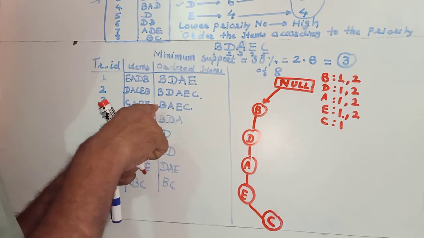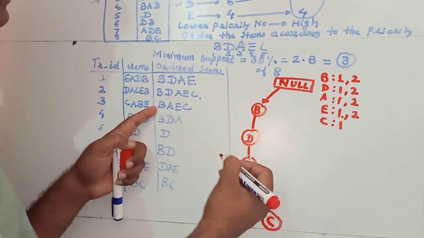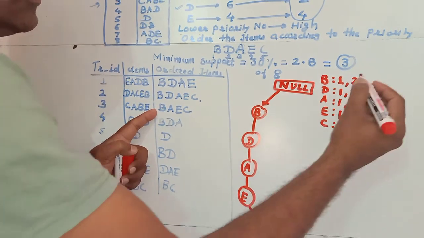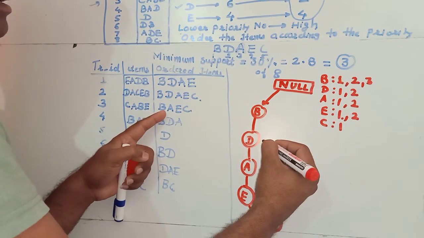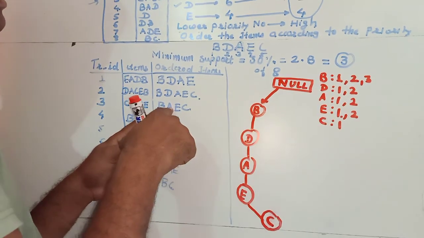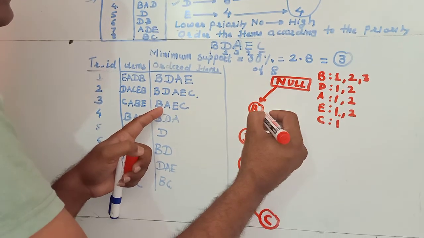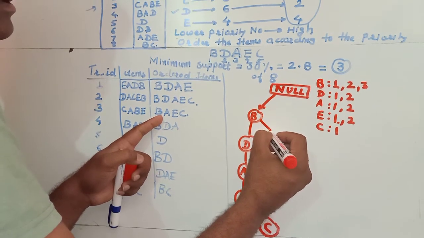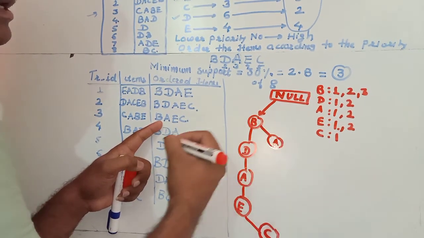Now let us check transaction ID 3. The new ordered items are B, A, E and C. B is already present, so we will write the occurrence of B as 3. Then we don't have A immediately after B, so we will generate one more leaf and assign A to it, right?